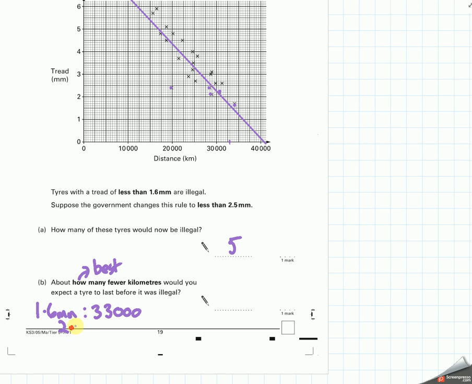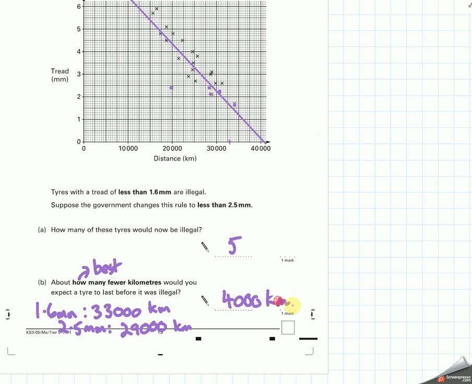At 2.5 millimetres of tread, we go across to 2.5, it's on that value, and we drop down here, and now we are 2 subdivisions below the 30, and that's 29,000 kilometres. So the difference, the fewer distance expected, is about 4,000 kilometres.